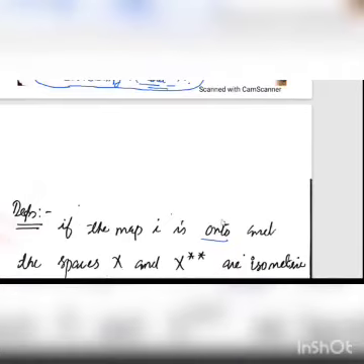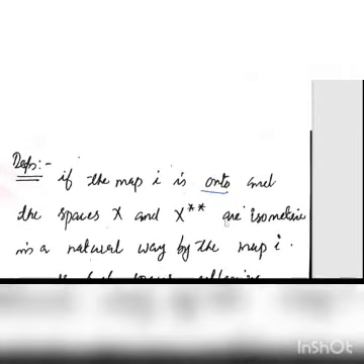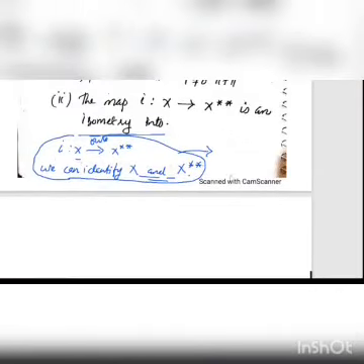This will lead to the definition of some space called reflexive spaces.